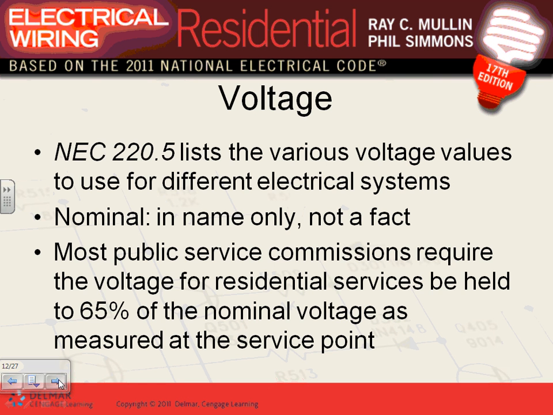If you go to this article, it will list all the voltages that are approved by the NEC code book: 120 volt, 240 volt, various voltage values used for different electrical systems. For residential, in this project, we're going to be using these two voltages.